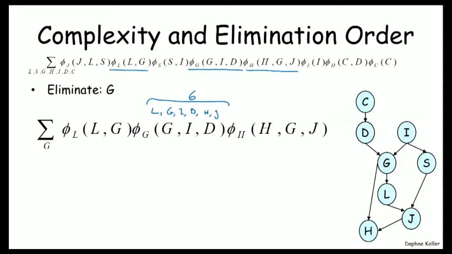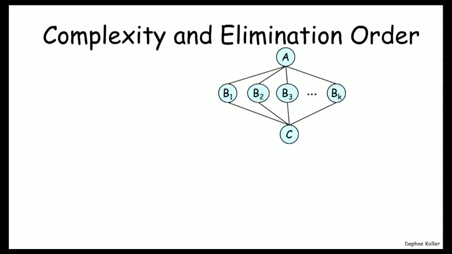So let's convince ourselves that in other graphs it might make a bigger difference. So here is a simple pairwise Markov network with A and C and then a bunch of variables in the middle, B1 up to BK. And imagine that I start by eliminating A first. Well, what are the factors that involve A?